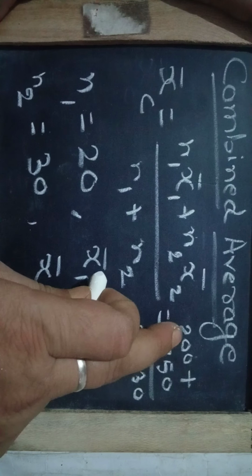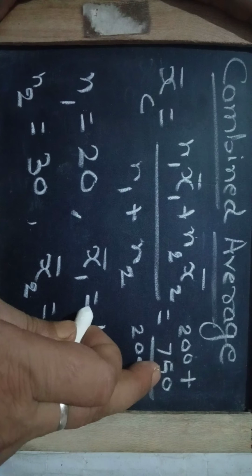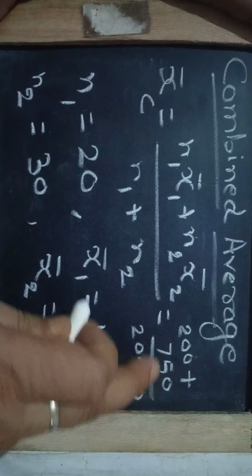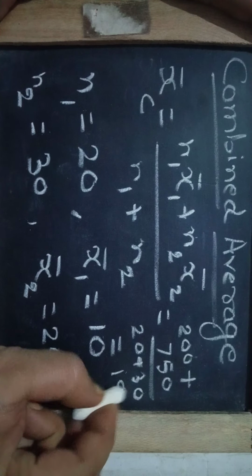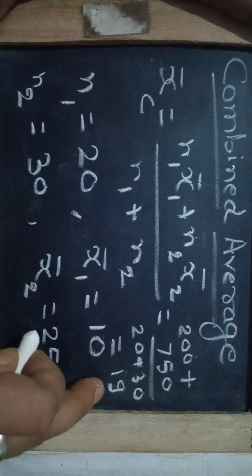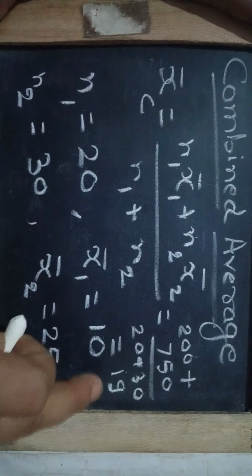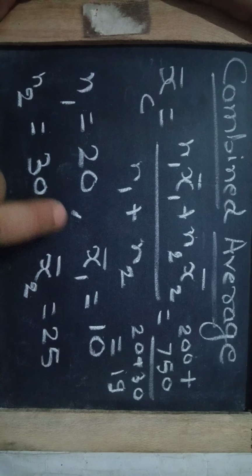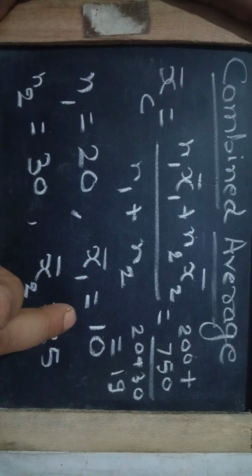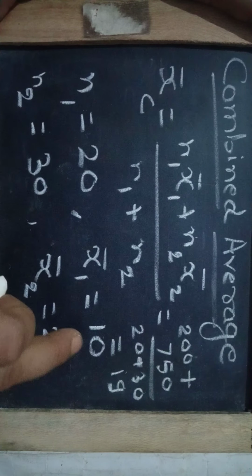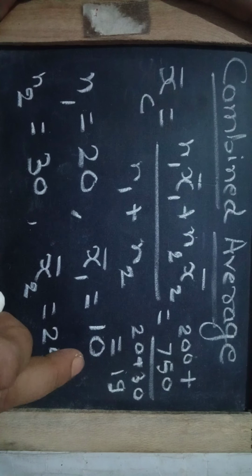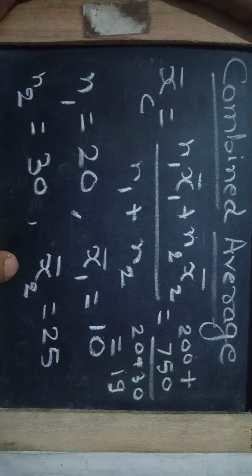It means 950 upon 50, that is 19. This is the combined average, or the average marks of all the students including girls and boys, is 19. This is the answer.